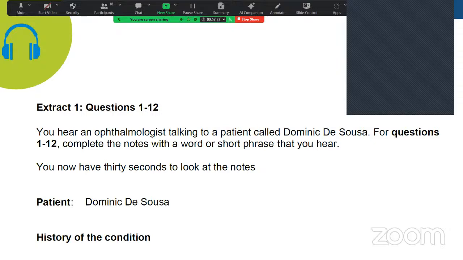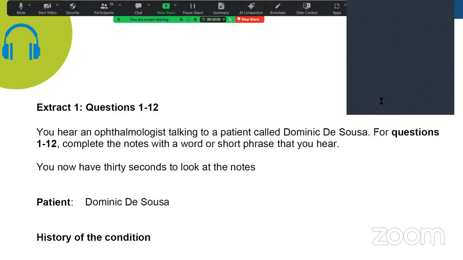One is before, the second is during, and the third is after. So you should know before the audio, during the audio, and after the audio. There will be 3 parts of time.